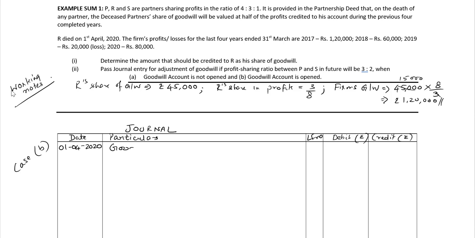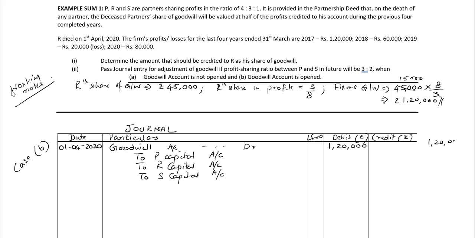So it's goodwill account debit for rupees 1,20,000, the goodwill of the firm, to all partners' capital accounts in OPSR, to P capital account, to R capital account, to S capital account.